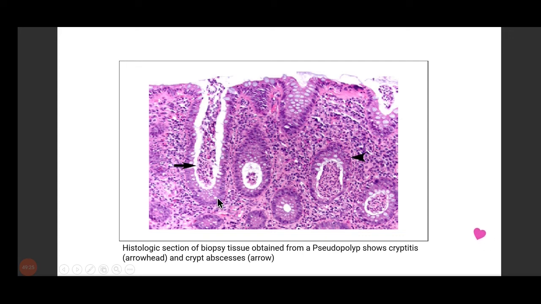See, this is your crypt. Okay, and obtained from pseudopolyp. The biopsy tissue obtained from pseudopolyp shows cryptitis.